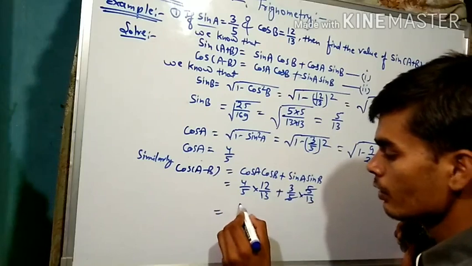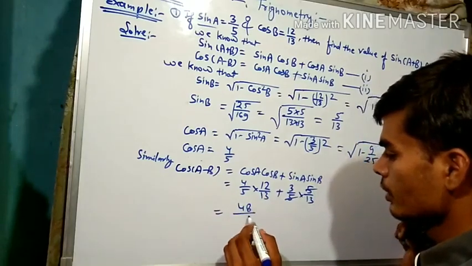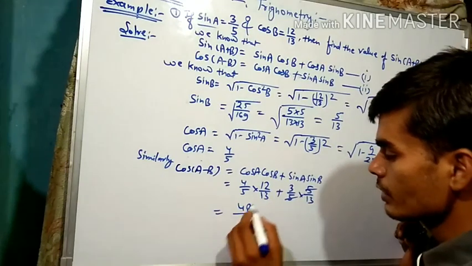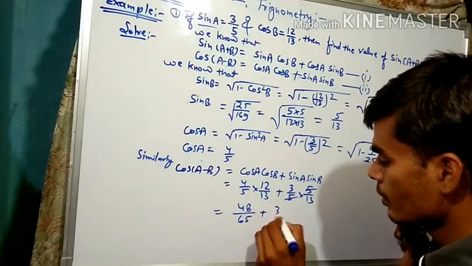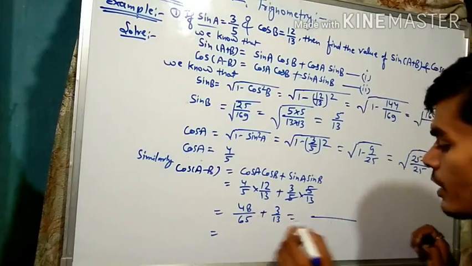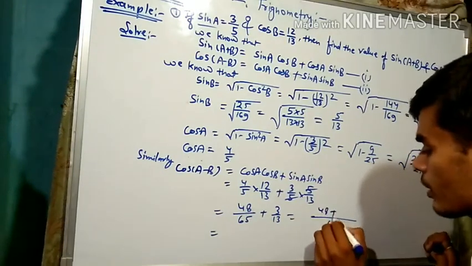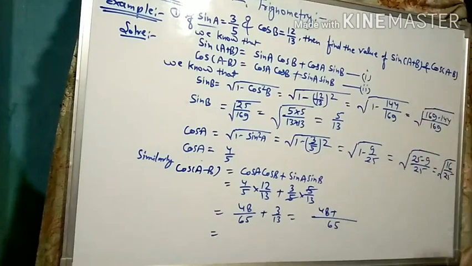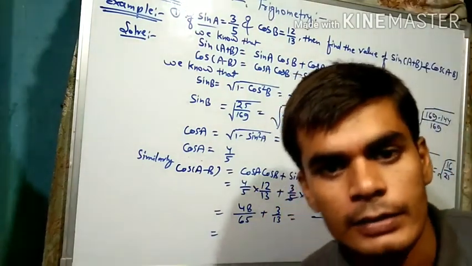Then 12 fours are 48, and this is 65. 3 upon 13. Take the LCM. What is the LCM of this? You should know this, because LCM or HCF is a basic mathematics idea you have to study in a previous class.